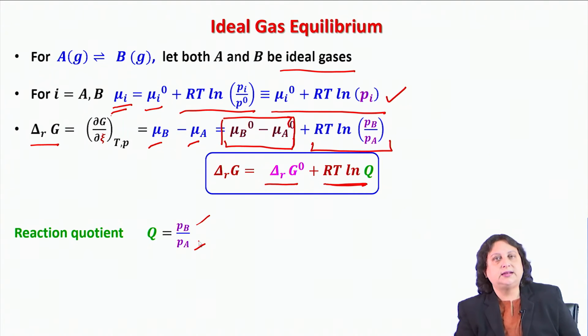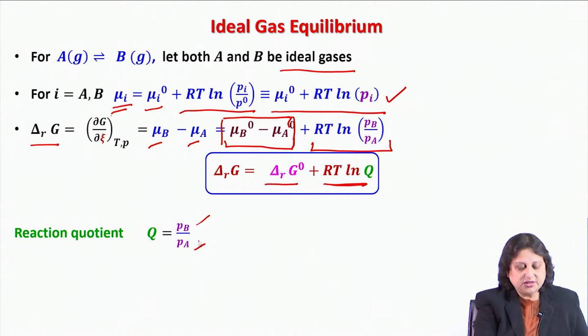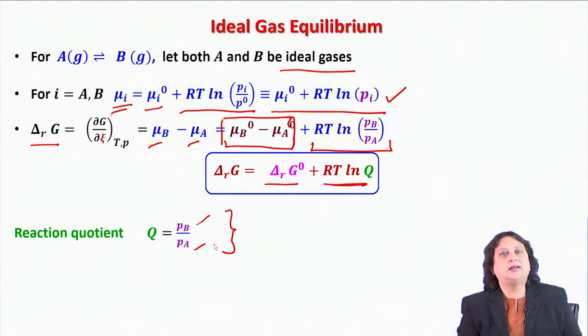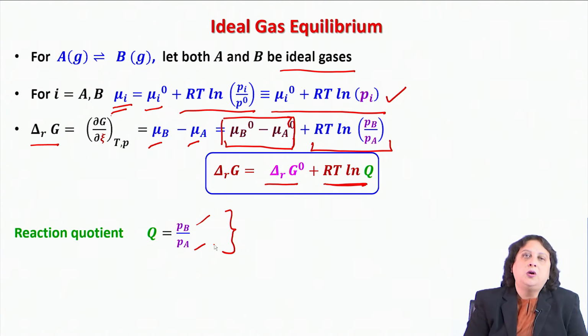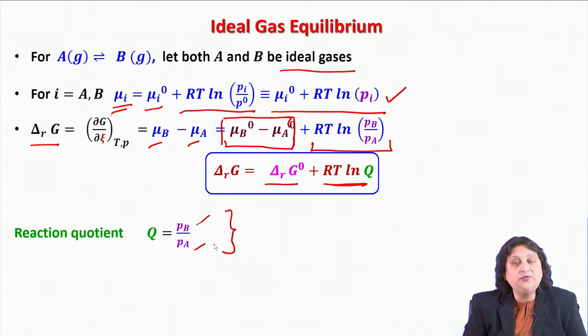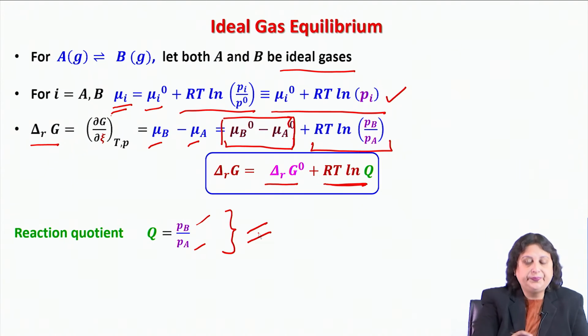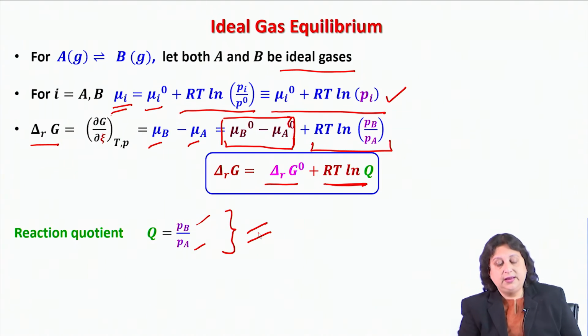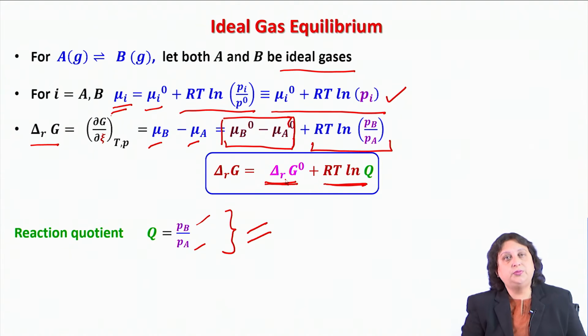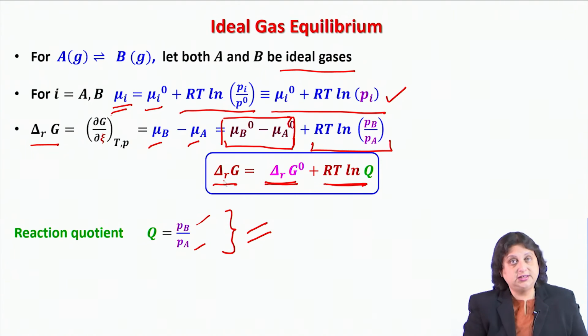Now, as you understand, the reaction quotient reflects the information regarding the composition of the mixture that has both A and B at equilibrium. And therefore, for any given chemical equilibrium, if I know the composition of the equilibrium mixture, I can find out Q. And then if I know delta Rg naught, I should be able to find out delta Rg.